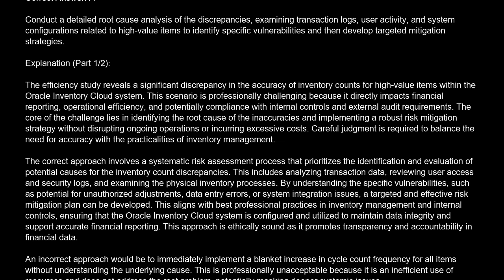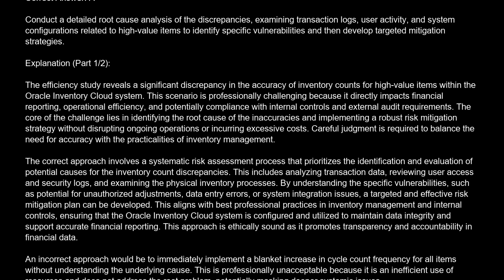The correct approach involves a systematic risk assessment process that prioritizes the identification and evaluation of potential causes for the inventory count discrepancies. This includes analyzing transaction data, reviewing user access and security logs, and examining the physical inventory processes. By understanding the specific vulnerabilities, such as potential for unauthorized adjustments, data entry errors, or system integration issues, a targeted and effective risk mitigation plan can be developed.